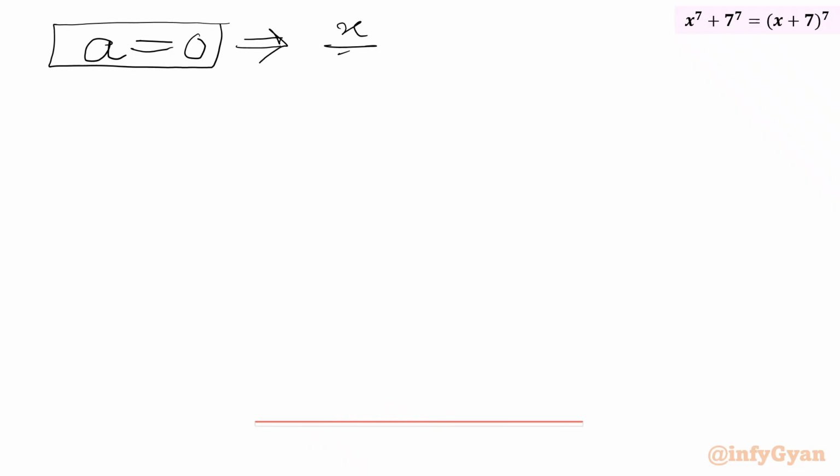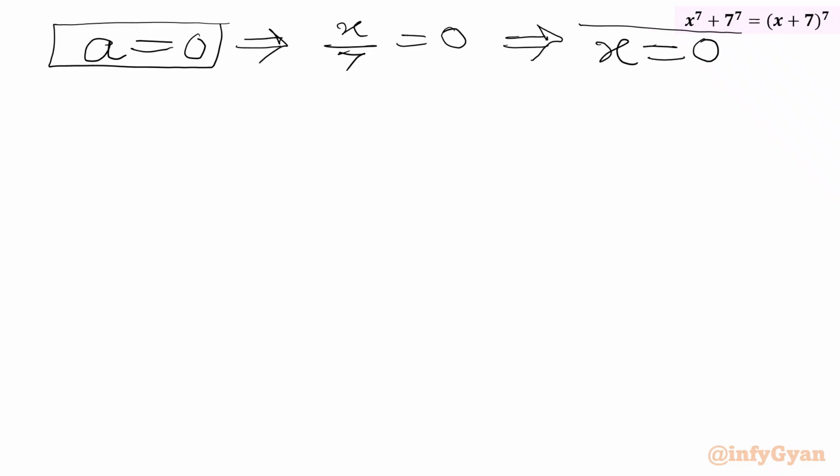If I consider our first equation a equal to 0, then from this equation, a was our substitution, x/7 equal to 0. So from here we will get our first solution, which is real, x equal to 0.